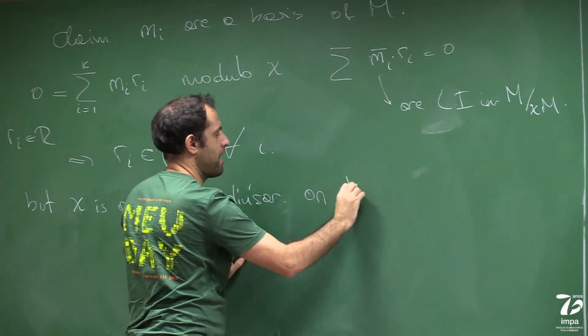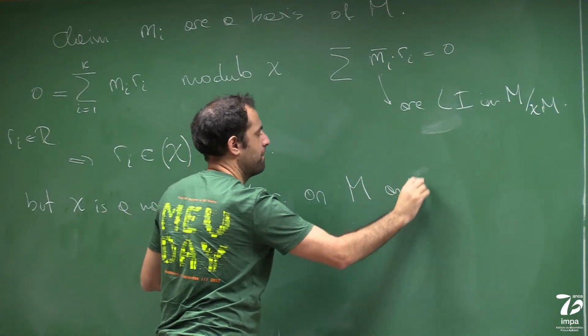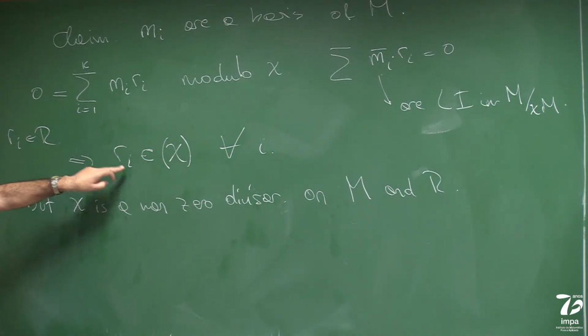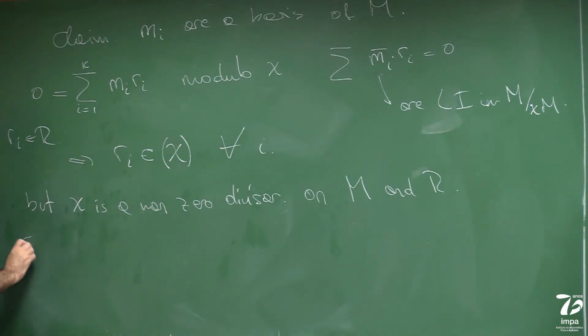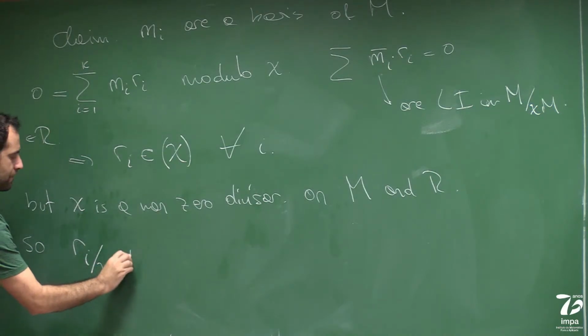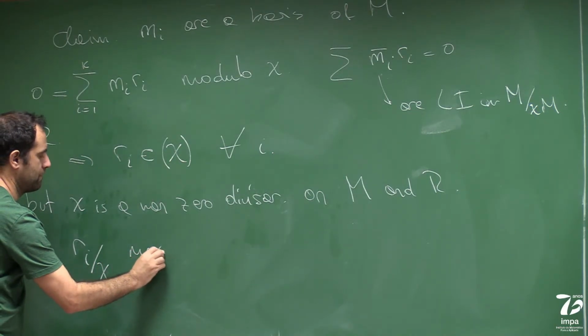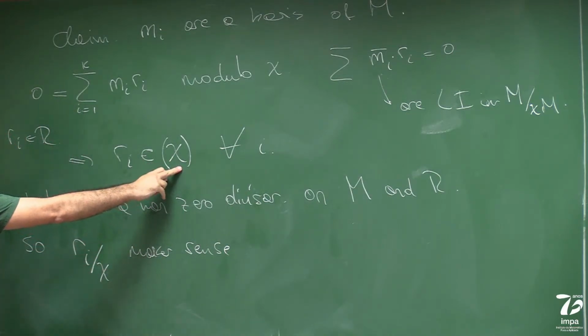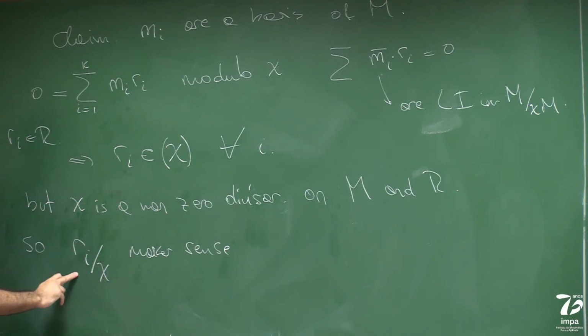On M and R. So I can divide these Ri's by x. Makes sense. Well, this is just a statement that Ri is in this ideal, so this makes sense.